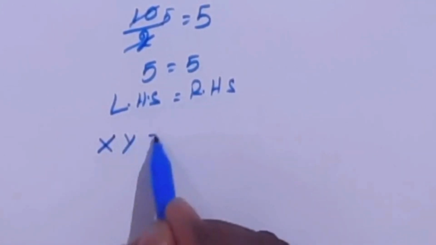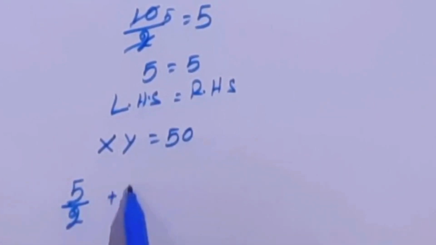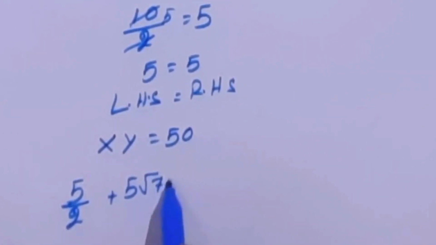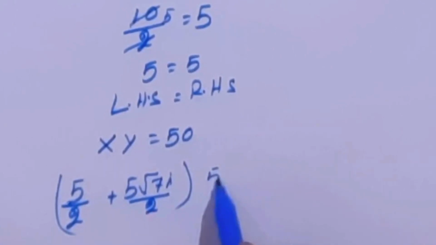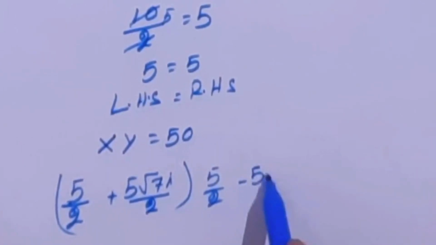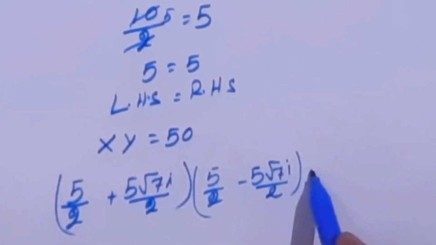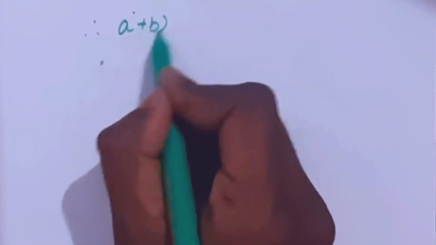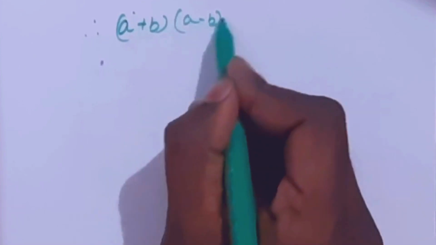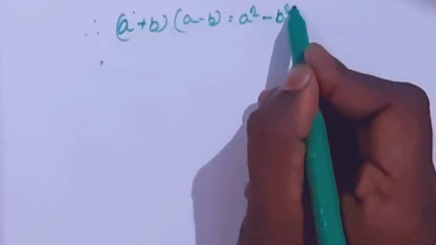Now x times y equal to 50. Now x is 5 by 2 plus 5 square root of 7i by 2, and y is 5 by 2 minus 5 square root of 7i by 2, equal to 50. a plus b times a minus b equals a square minus b square.